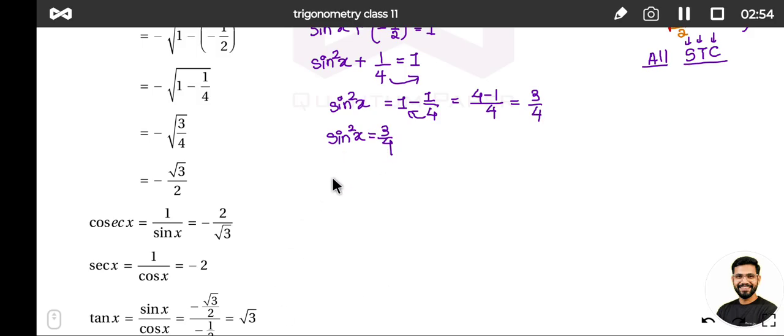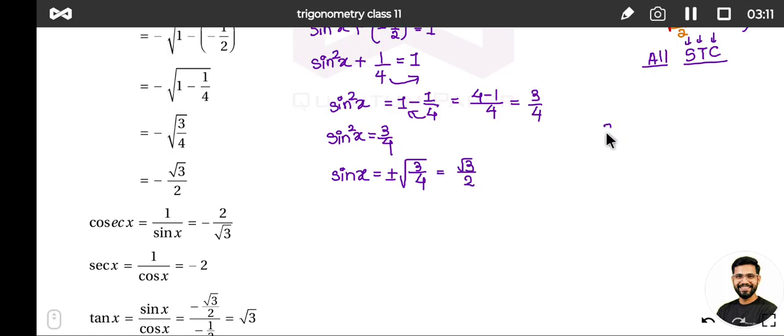So if we take the root on both sides, we'll get sin x is equal to plus or minus square root of 3 upon 4. So square root of 3 is root 3, upon square root of 4 is nothing but 2. But in the question, x is in the third quadrant.